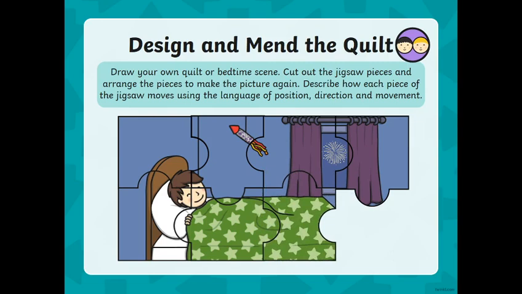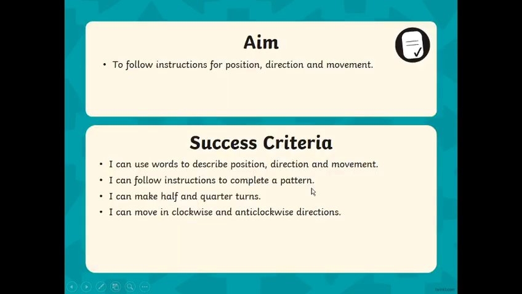That piece did a half turn in a clockwise direction, and that was an anti-clockwise direction, and it was a quarter turn. So it's just about really using that language of position, direction and movement as you're arranging and fixing back together your jigsaw.